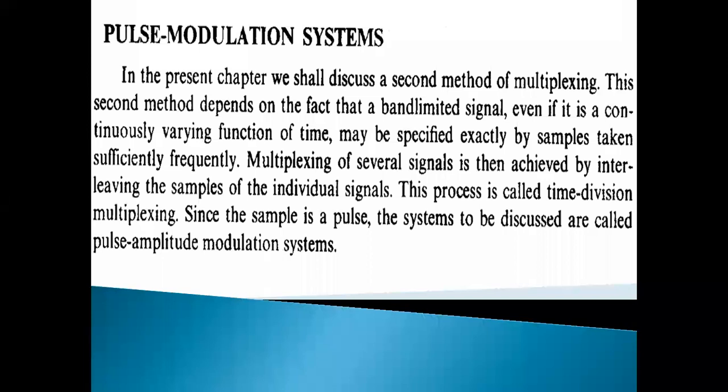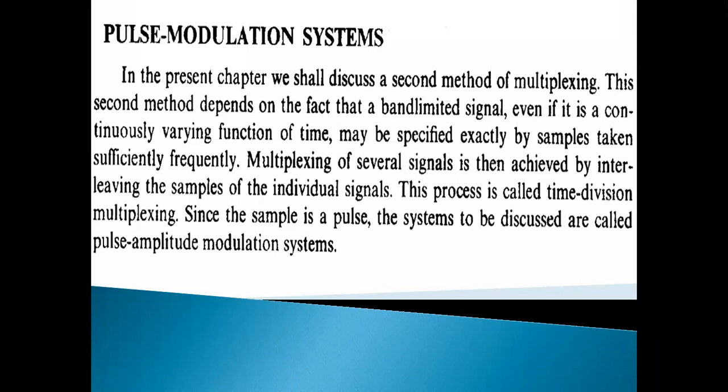So why is it an analog modulation? In the pulse modulation scheme, the message signal is always an analog signal, a continuous signal, as in amplitude, frequency and phase modulation. In those, the carrier is also analog in nature.